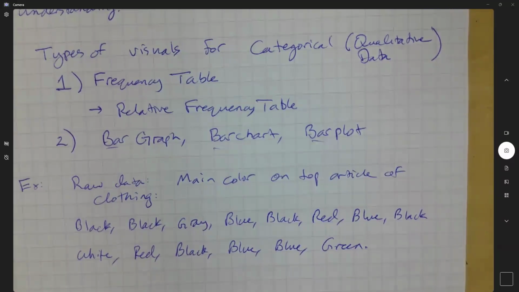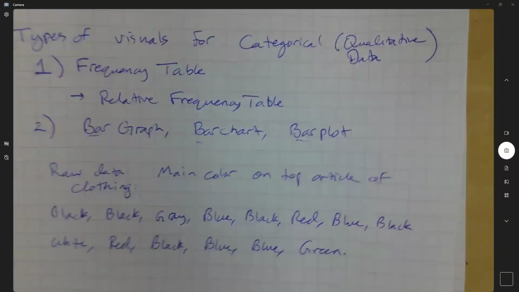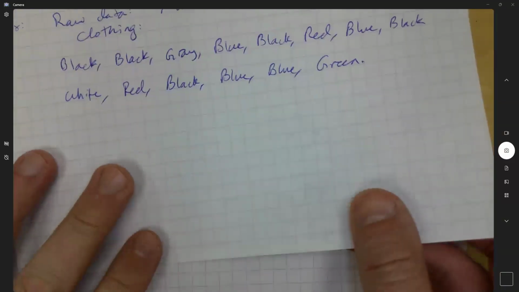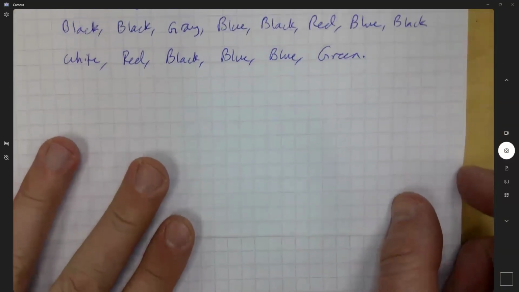Not a lot of data, so fairly quick understanding even looking at raw data. That's our raw data. Even if you don't have exactly the same written down as me, that's okay, because I just made it up anyway.